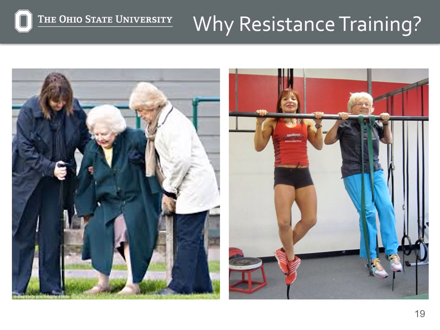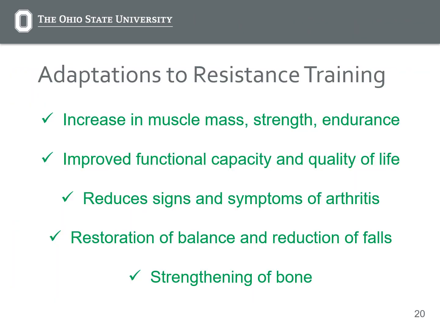So what that looks like, we know adaptations to resistance training include an increase in muscle mass, strength, and endurance, right? We see, again, improved functional capacity and quality of life. Quality of life is going to be key, especially with this population as well. We see reduced signs and symptoms of arthritis. One of the things with arthritis and considerations is they're going to come to you with pain, and that pain, they're going to not want to do a lot of different things.